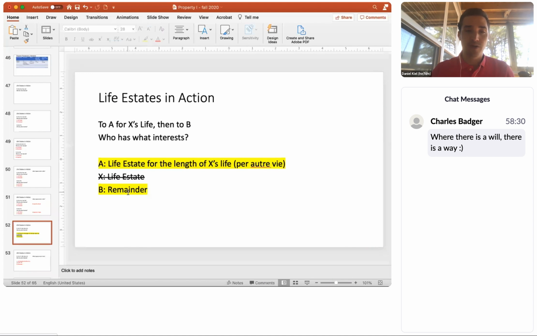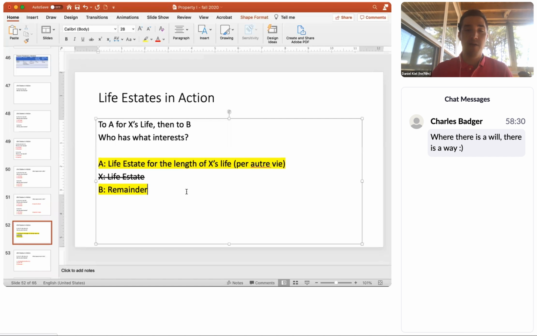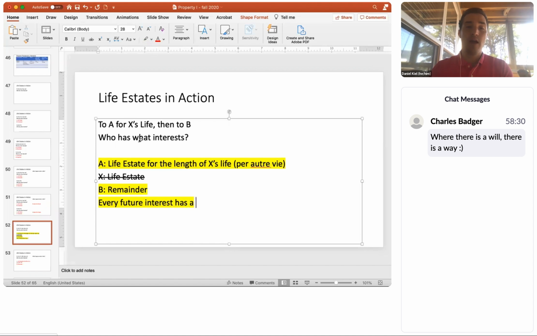So note, and maybe this is a good point to make here, every future interest, like the remainder in this example, has a possessor, or will become one.